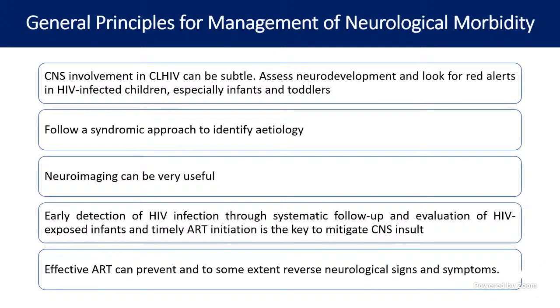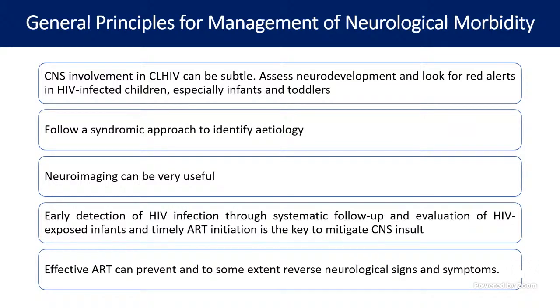So general principles of management of neurological morbidity, what we should do: it will be a subtle presentation and you have to look for the symptoms in the children. So a syndromic approach is very, very important to identify what can be the etiology. We should do the scanning, like an MRI scan or CT scan, and systematic evaluation should be done, and we should start the ART at the right time.